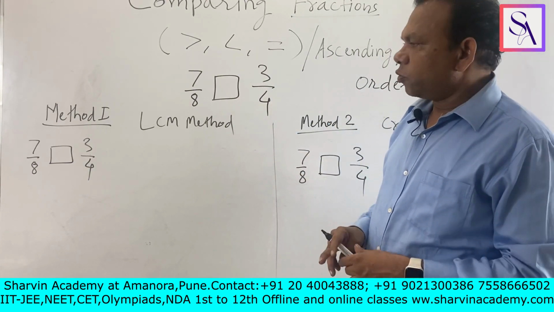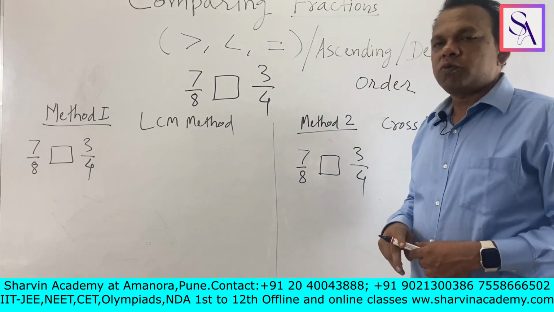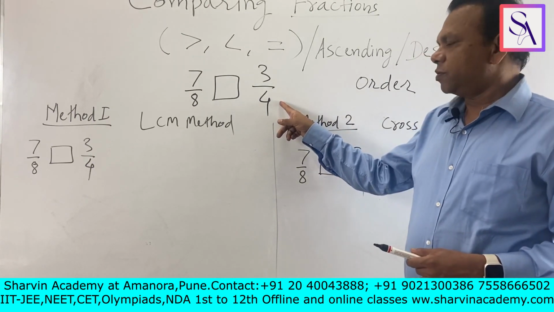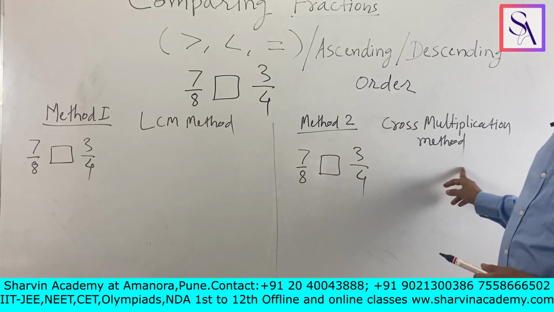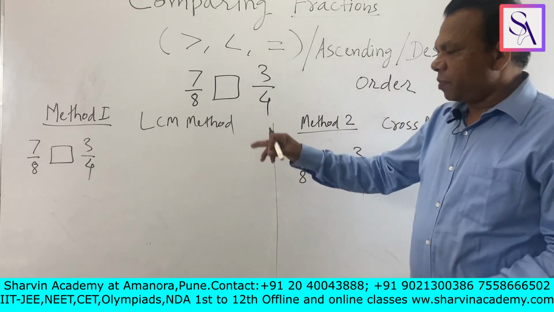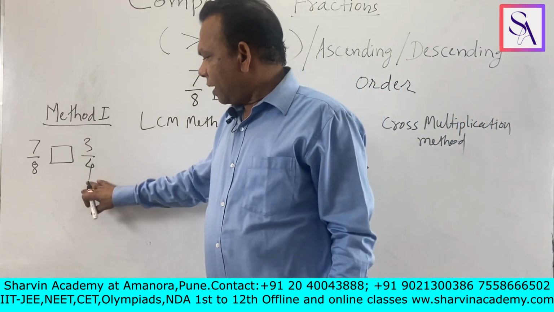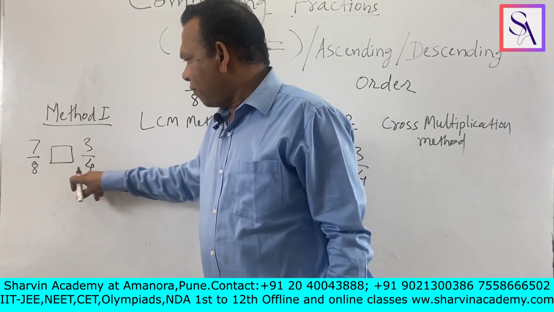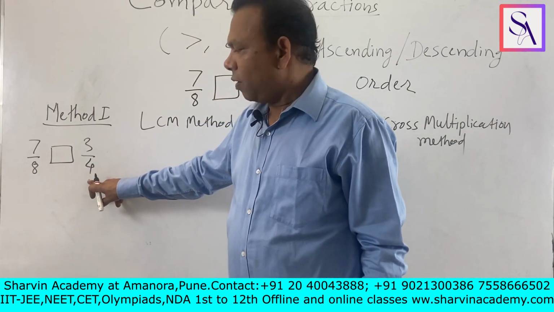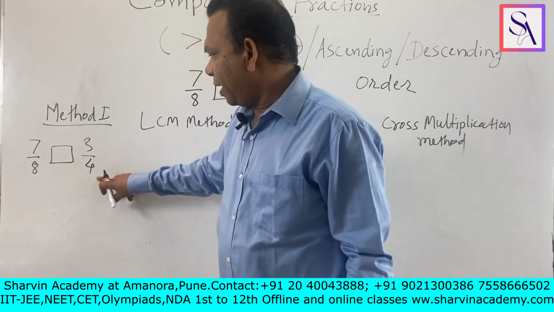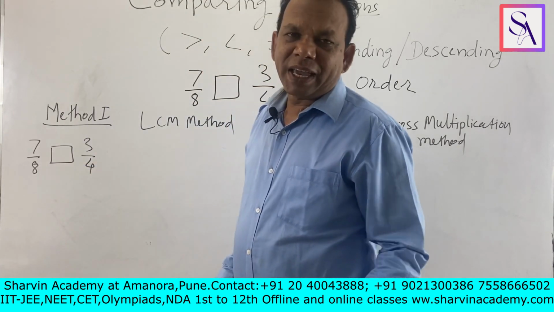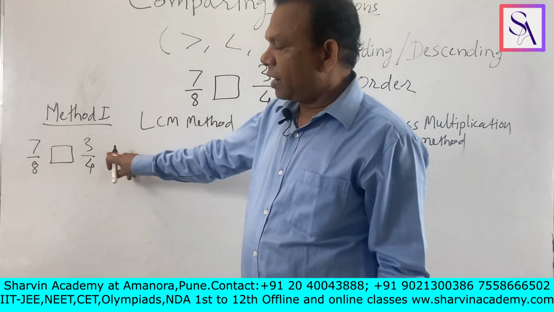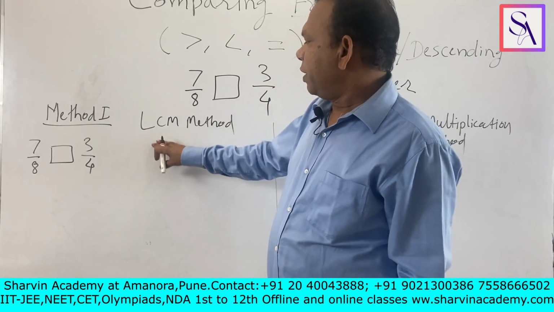So what to do? We have two methods to solve such kind of problems. One is the LCM method and another is the cross multiplication method. We'll see the first method, LCM. We know that if we make the denominators of these two unlike fractions same, then we can easily identify which one is greater, right. So for that we need to take LCM.